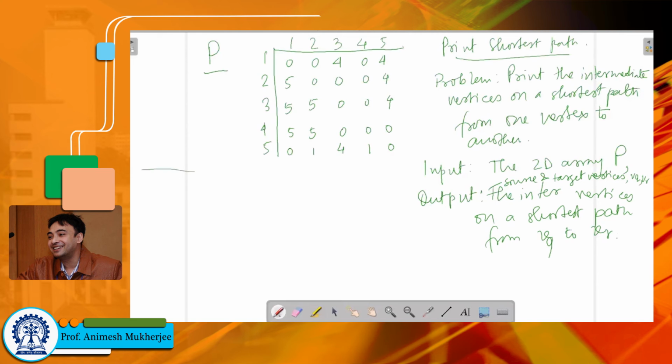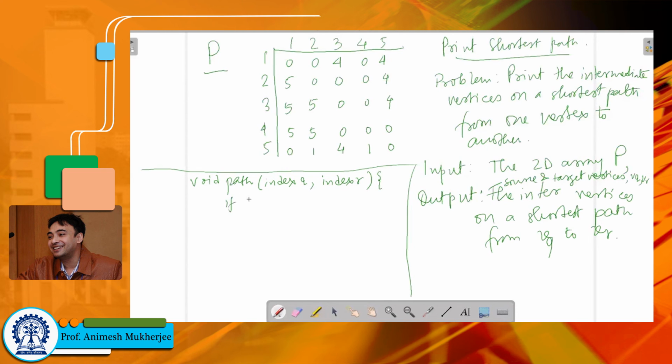Very simple. It's kind of a traversal on this matrix. Index Q and index R. So these are the indices corresponding to the two nodes.